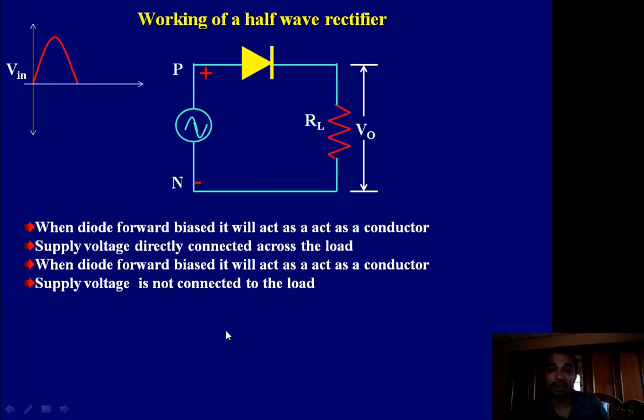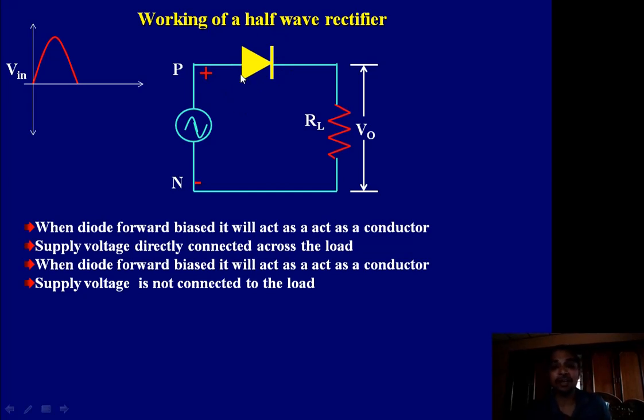Coming to the operation, how it operates. The half wave rectifier works very simply. First we discuss the positive half cycle. In the positive half cycle, the positive potential of the source is applied here and the negative potential here. So positive is connected to the anode of the diode, and negative is connected to the cathode. Is the diode operating in forward or reverse bias?